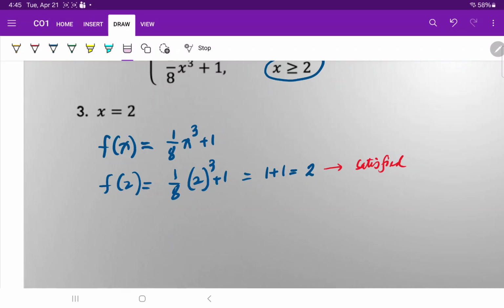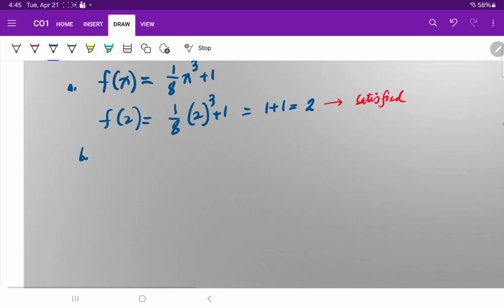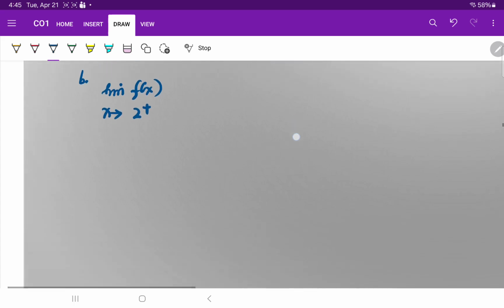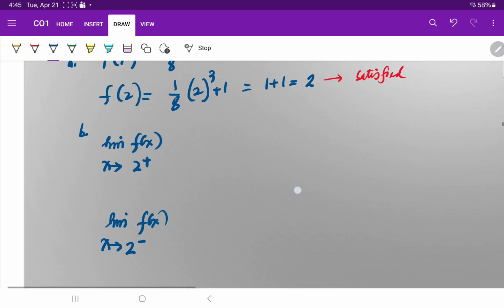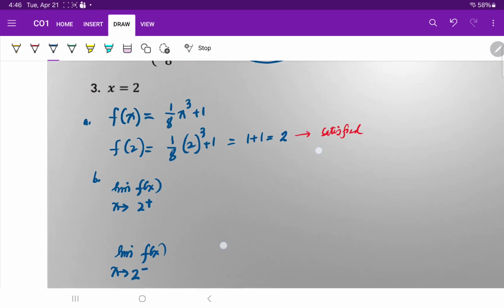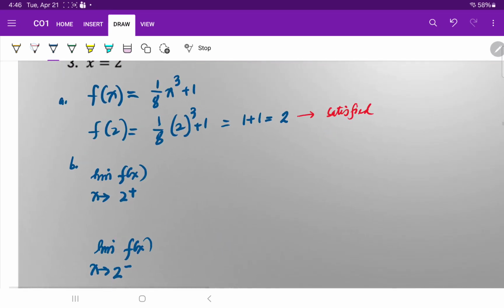Now, what's the second condition? The limit of the function f of x as x approaches 2 coming from the right must be equal to the limit of f of x as x approaches 2 coming from the left. So if you come from the right of 2, it's this region, and this is where x is greater than 2.